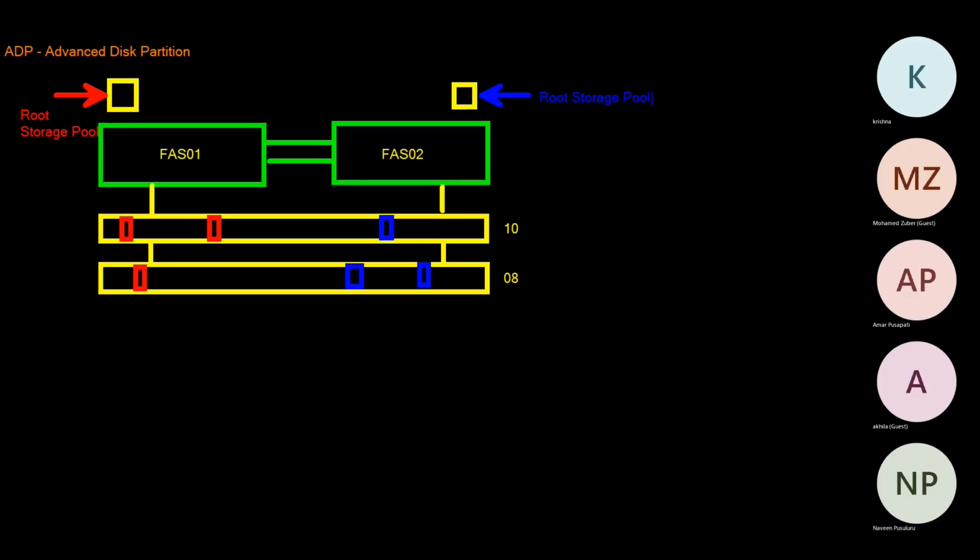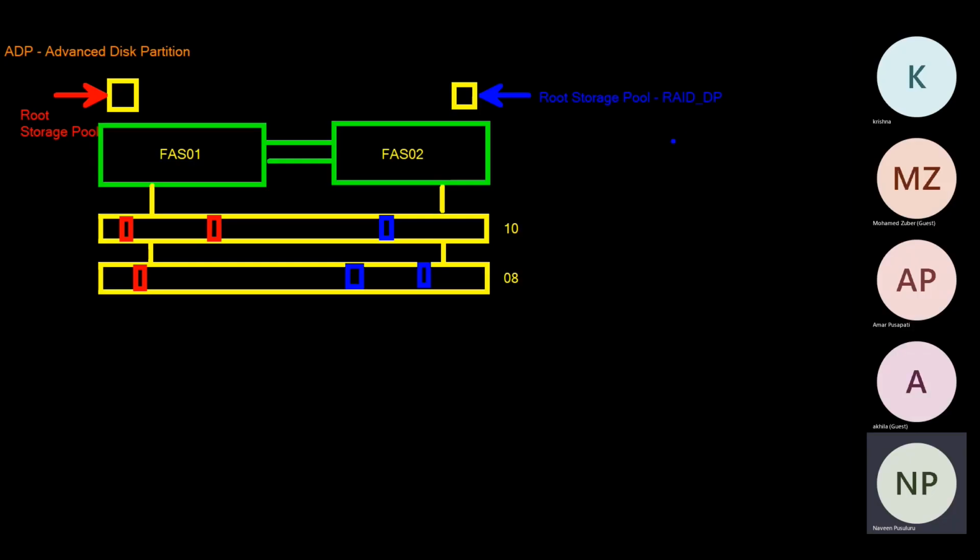And I told you, whenever you are creating a storage pool, you must assign a RAID type. By default, it will take RAID-DP.